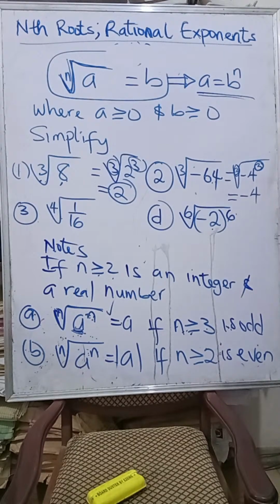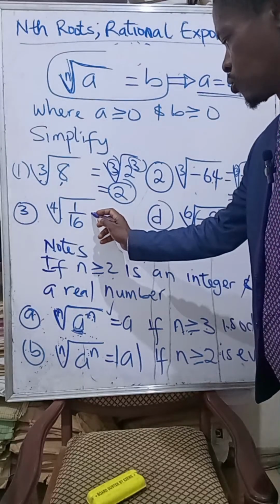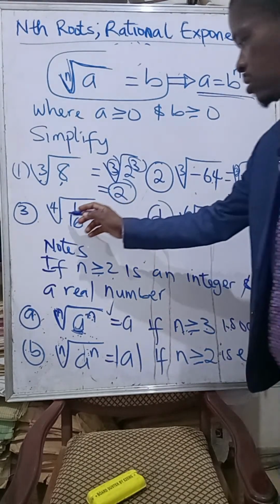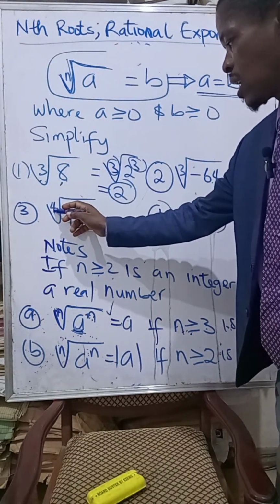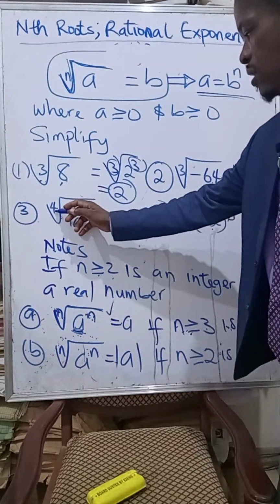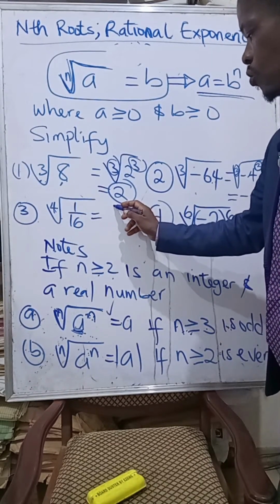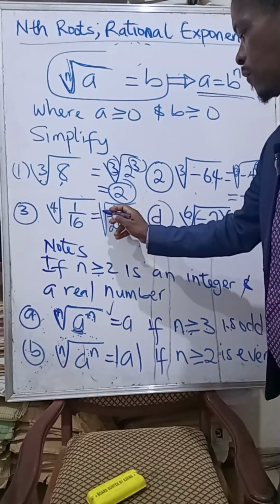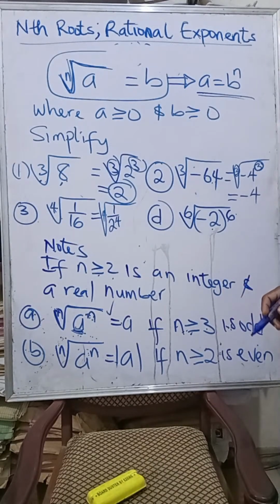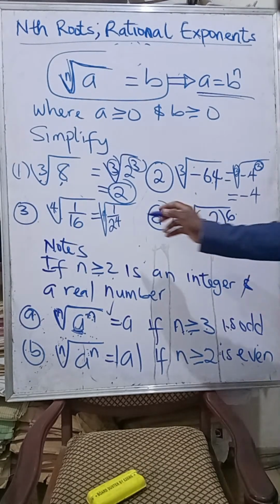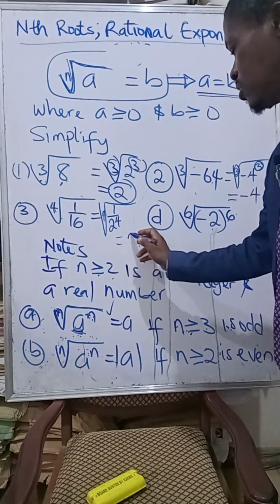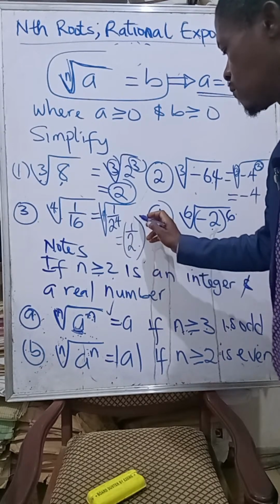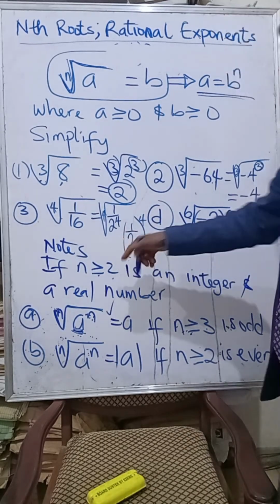Number 2. Let's do the third one here before we go to the second rule. This one, we have 4 as the nth root. So this will be 1 over 2 to the power 4, and you have your 4 here. It's the same as 1 over 2 to the power 4, because 1 to the power 4 is 1.